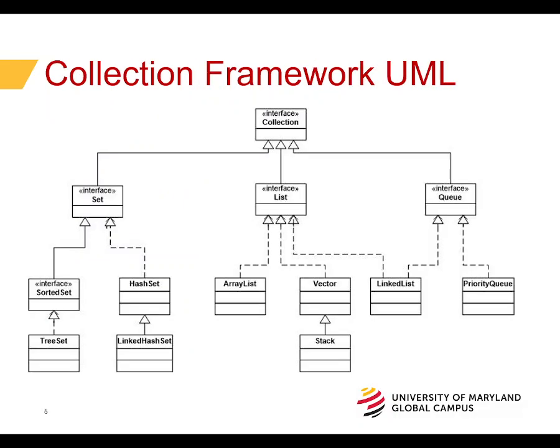This final diagram is a UML diagram that contains a portion of the interfaces and classes that are in the Java collection framework. This diagram is an inheritance diagram in which the arrows represent true is-a relationships. Not included in this diagram are the map classes previously mentioned.